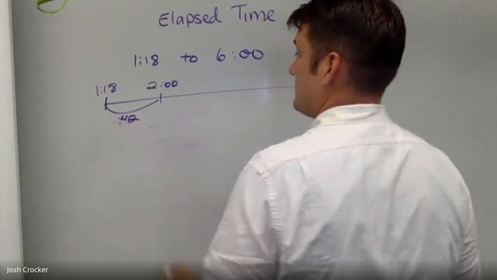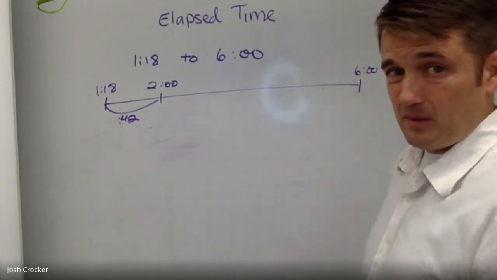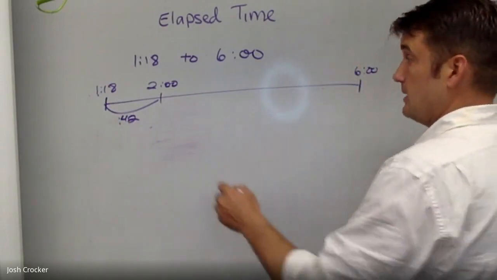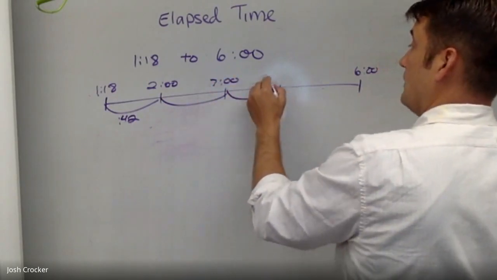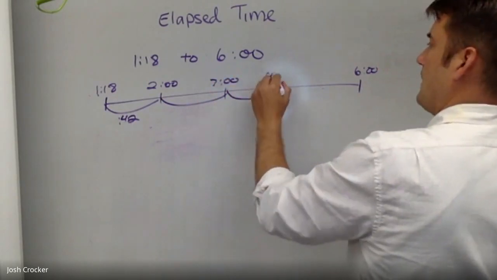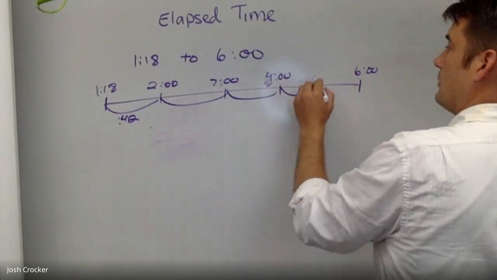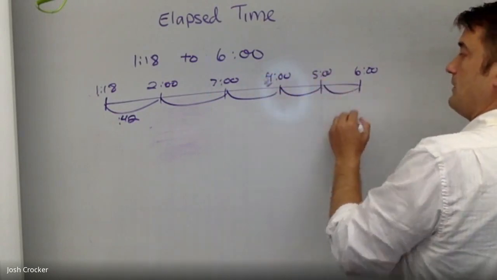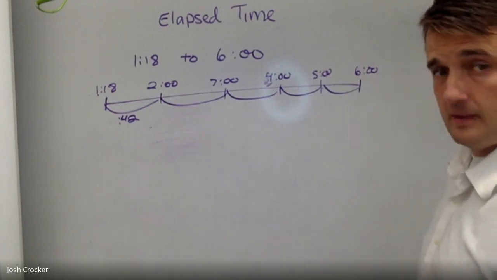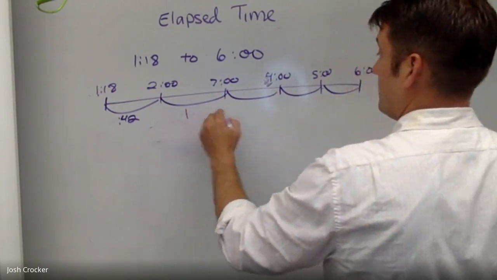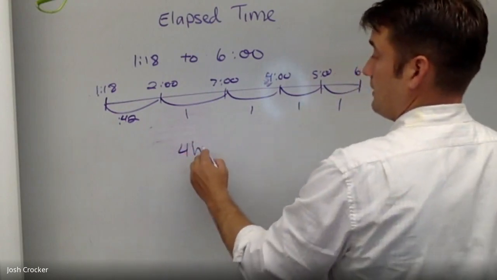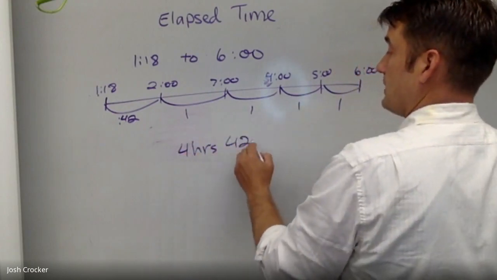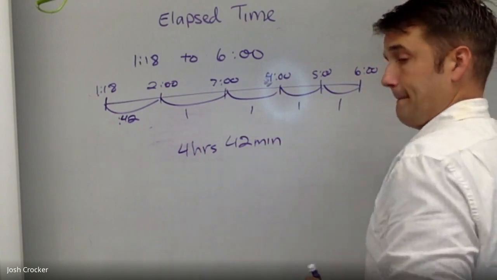That's the hard part, really. Now I can just do hours all the way. So 2 to 3, 3 to 4, 4 to 5, 5 to 6. So that's 1 hour, 1 hour, 1 hour, 1 hour. I've got 4 hours again. 4 hours, 42 minutes.